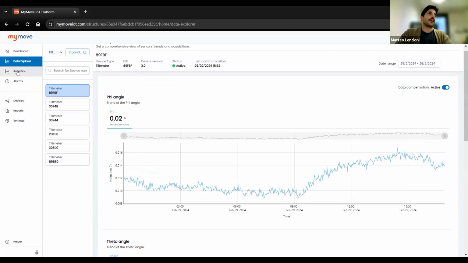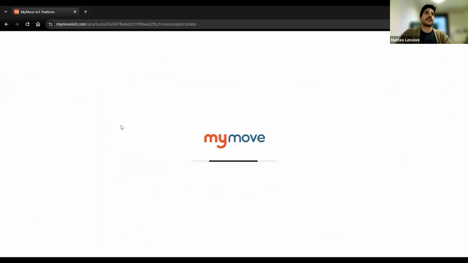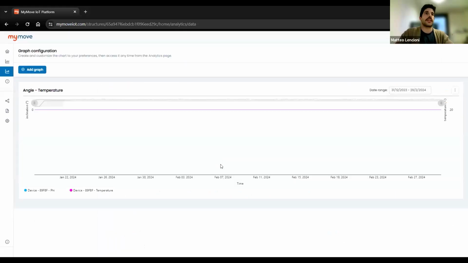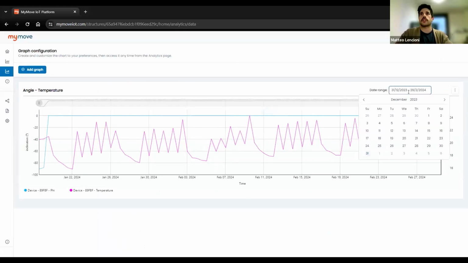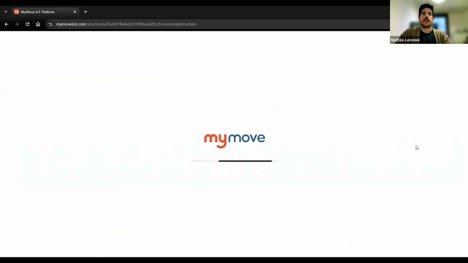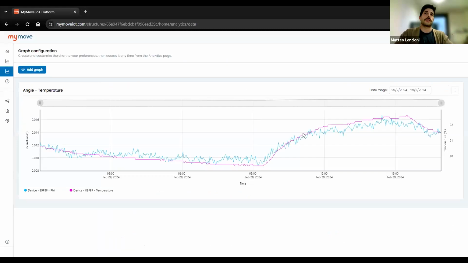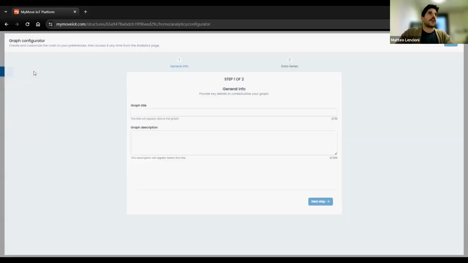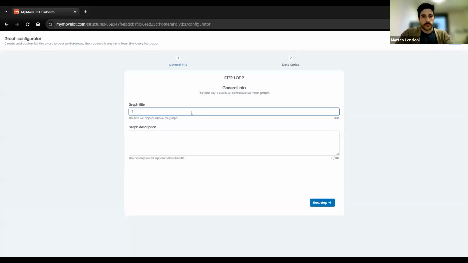But then on the analytics page, you can compare. So the idea behind the analytics page is being able to compare different trends. And it goes in the direction of being able to correlate data on a graph.